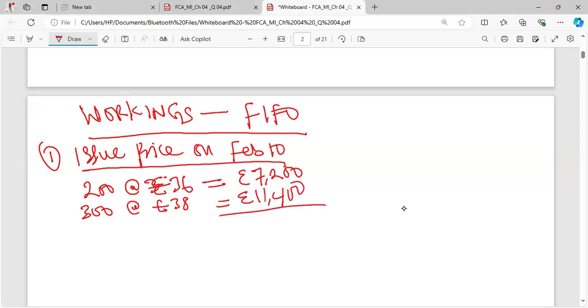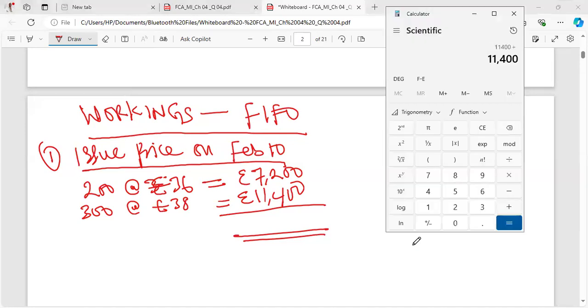If we add these together, 11,400 plus 7,200 will give us 18,600. So we have our 18,600 here.